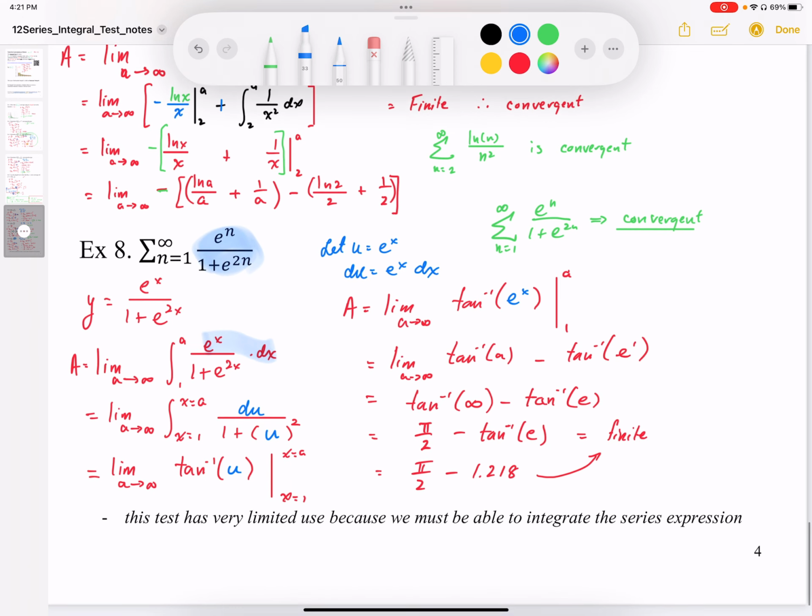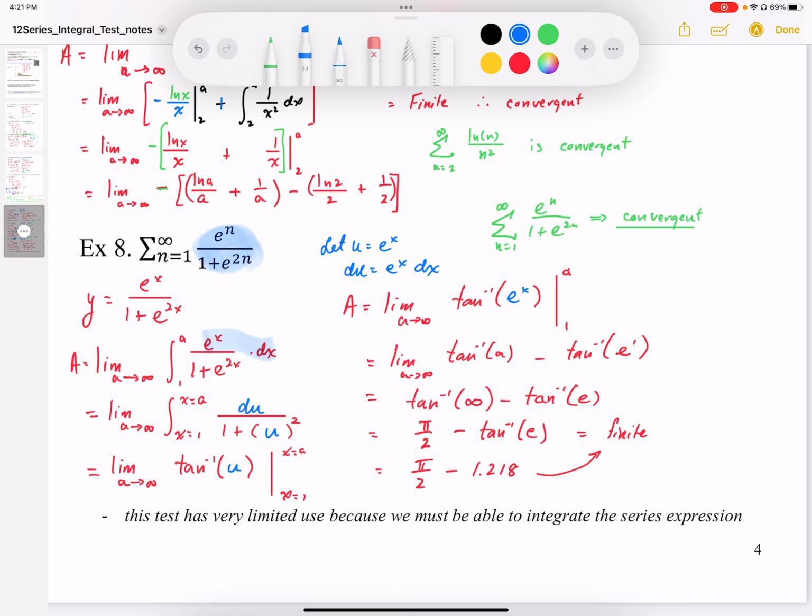So it does have some limited use, although if we can use it, this is a valid way to use it. And by connecting the integral or the area under the curve to the series, the discrete series sums, although they're not the same, one does relate to the other.